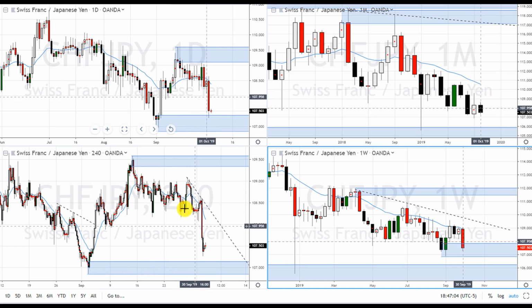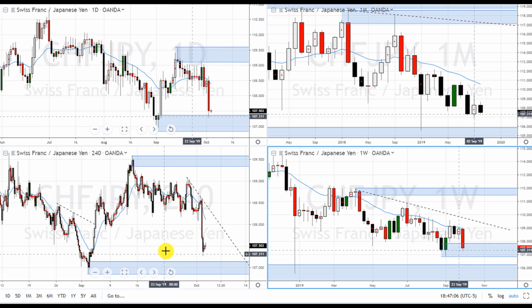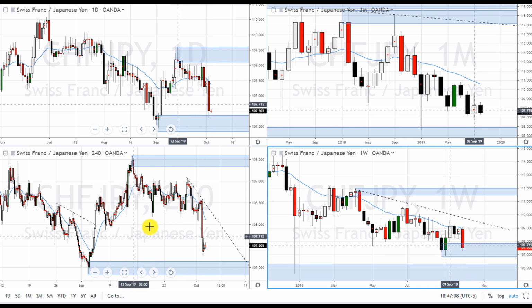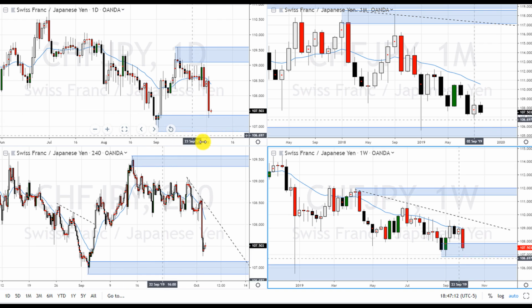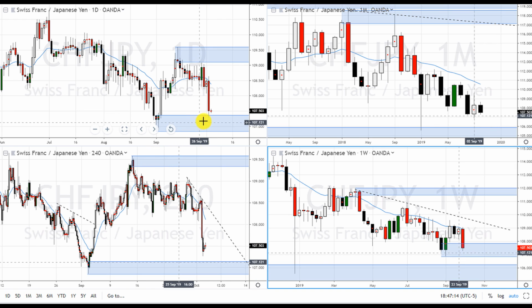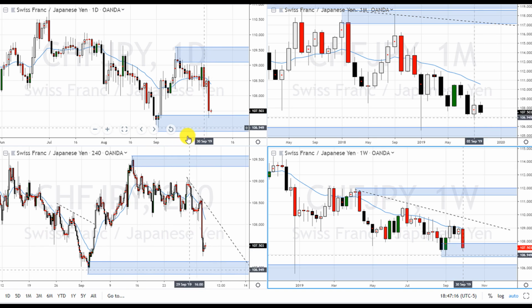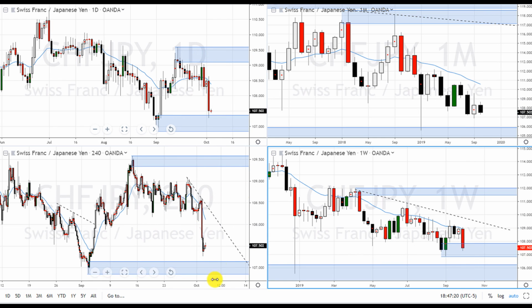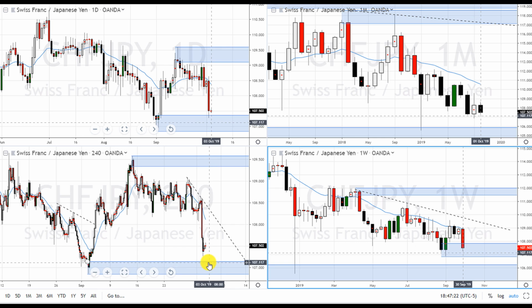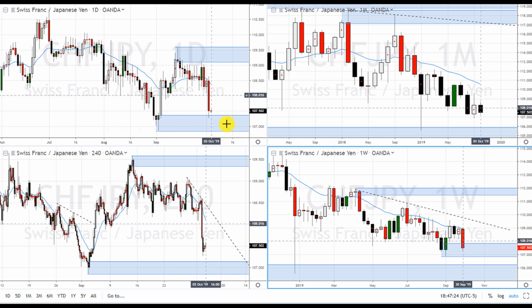The 4 hour is in a downtrend, but price is reaching this daily demand zone. So if you are super aggressive, maybe you can manage this trade on the 4 hour at least. You can probably take a long at the 4 hour zone and see if it'll work.